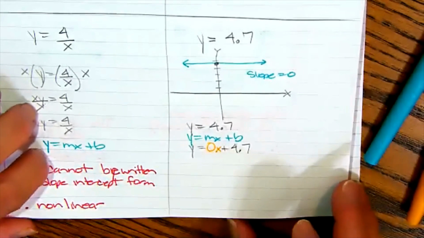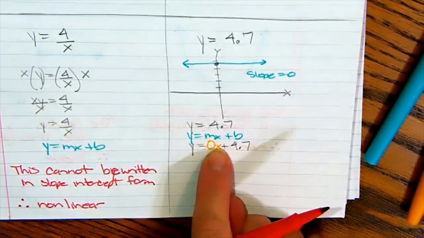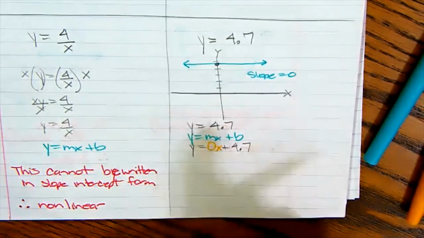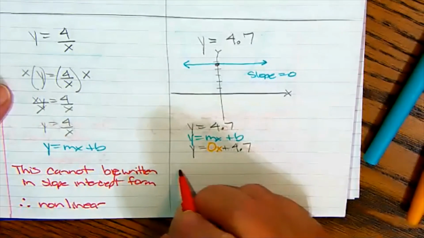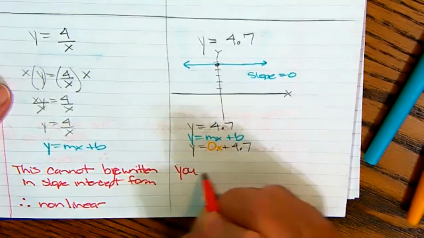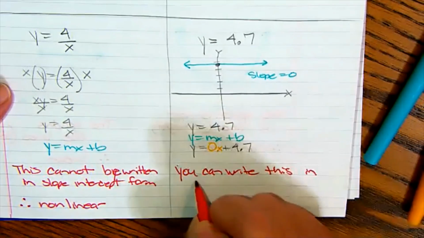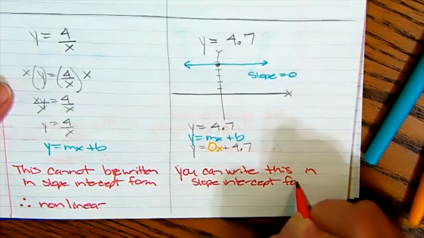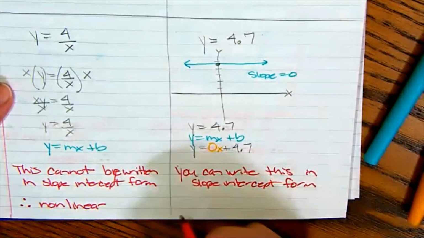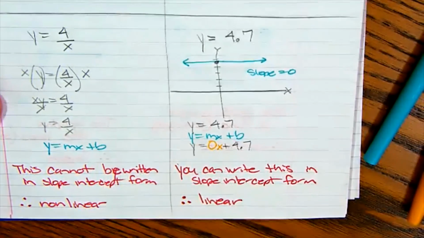So down here, the slope is equal to 0. Can this be written in slope-intercept form? Yes, it can. It made a straight line. Therefore, it is a linear function.